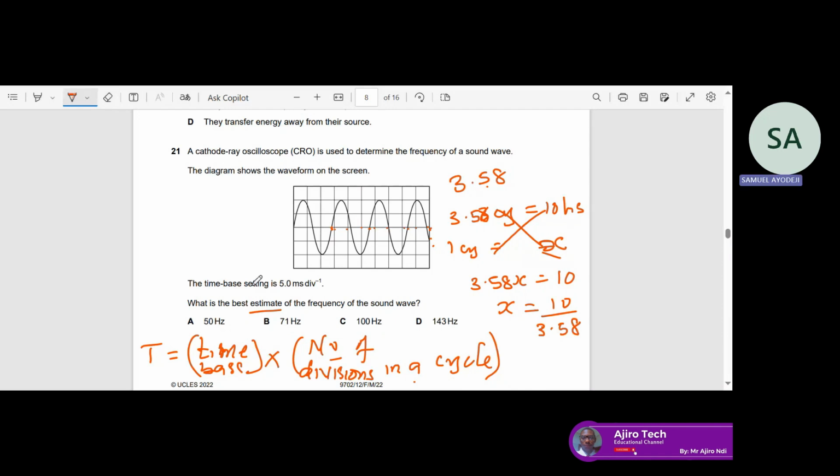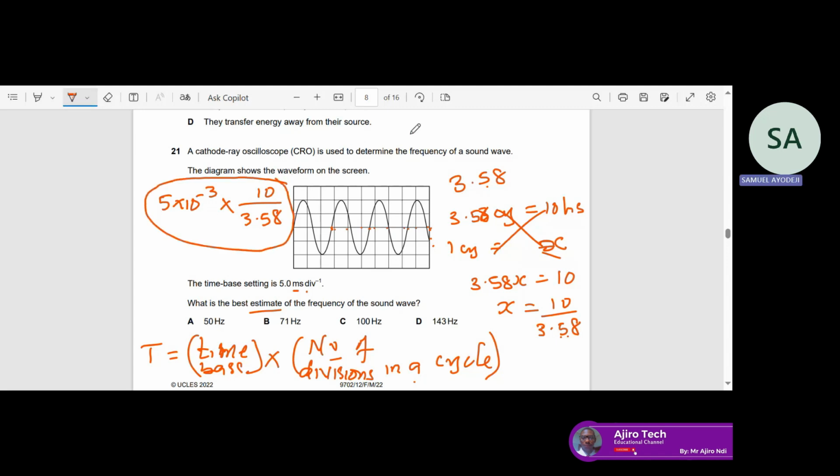The time base is given as 5 milli, in milliseconds. So 5 milli, that means 10 to the minus 3 times the number of seconds in a division. So I try to get 3.58. Multiply this for me. Let me see what happens.